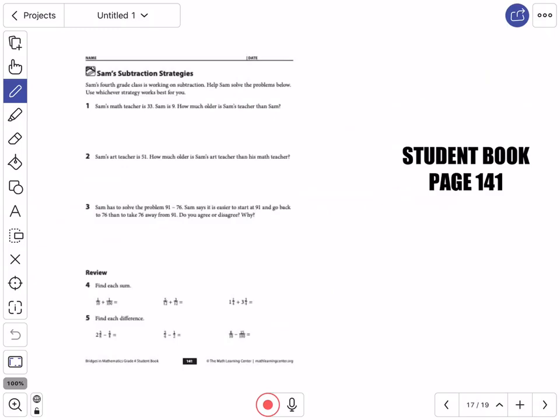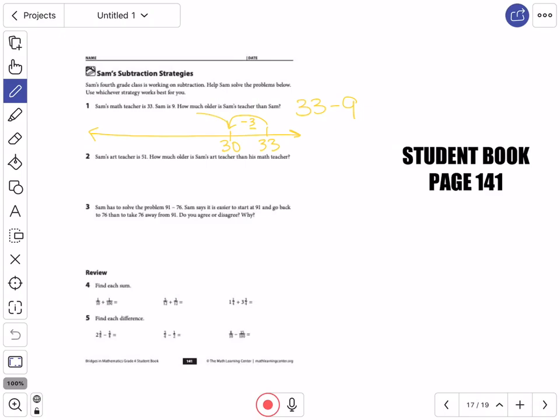So if Sam's teacher is 33 and Sam is 9, how much older is Sam's teacher than Sam? Okay, so basically what we're trying to figure out here is what 33 minus 9 is. So if I take my number line and start with 33, and I simply get to a solid number of 30, I've only gone 3.